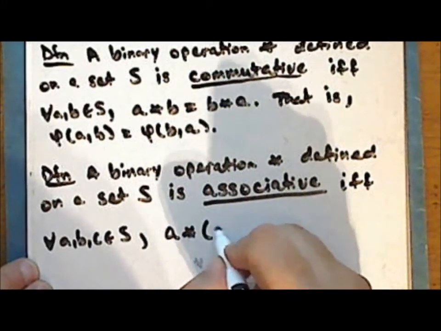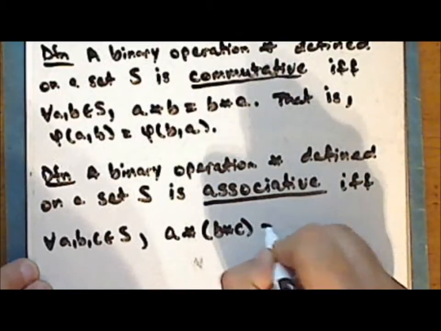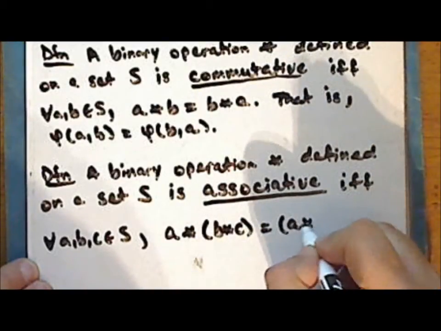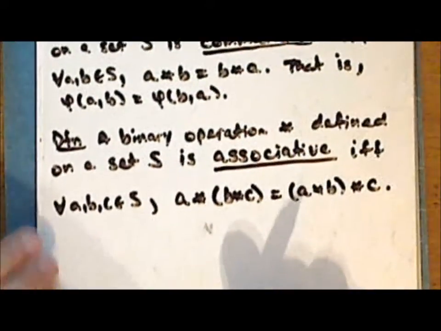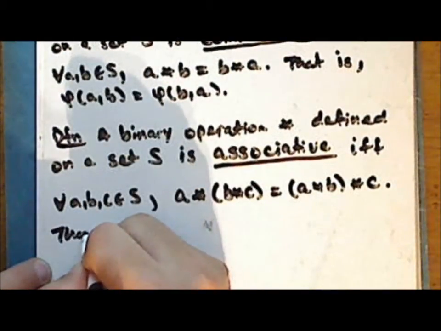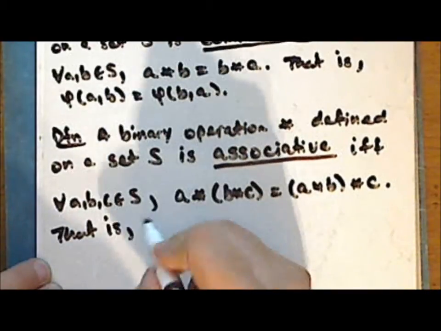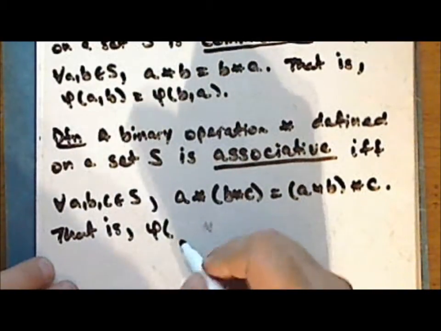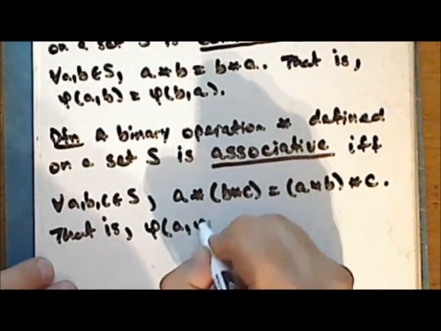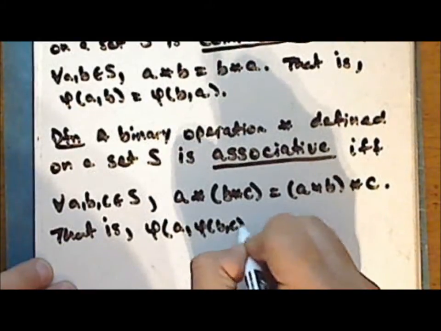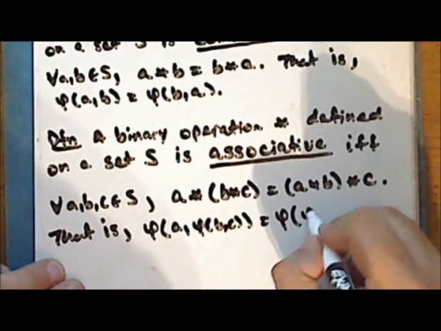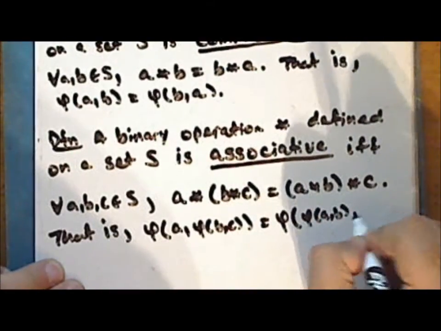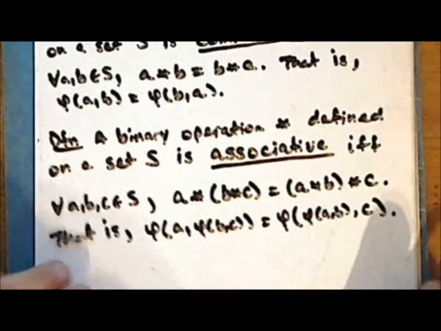A star the quantity B star C is the same as the quantity A star B, star C. So in terms of the function phi, we have that phi of the ordered pair A, phi of B, C is the same as phi of the ordered pair phi of A, B, and C.